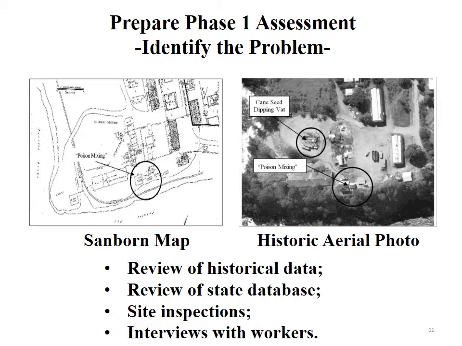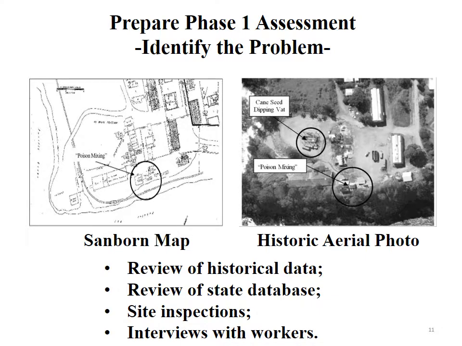Just wanted to mention in our investigations here, some of the key elements that have been critical in identifying sites and getting background on sites have been the use of historic aerial photos, as well as historic Sanborn maps, which are fire insurance maps that were developed in industrial areas that include diagrams that label buildings and uses of buildings.